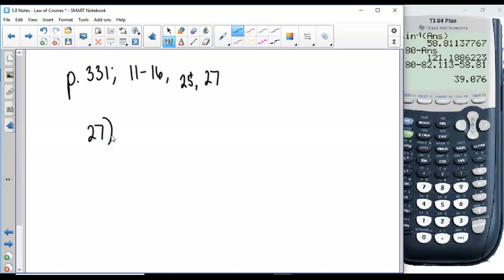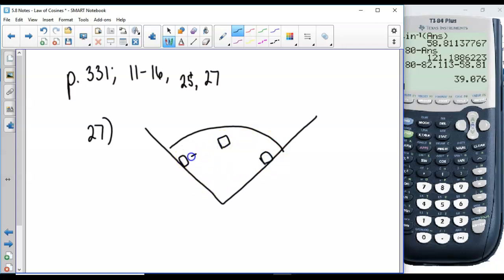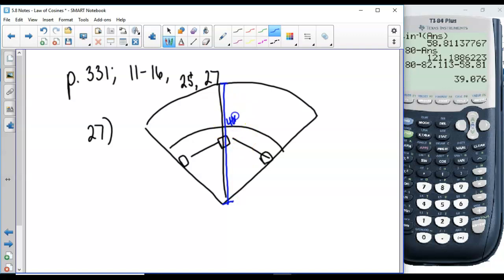Let me give you a little hint on 27. That picture is a little bit misleading because it gives you the view of the field at an angle. If we're looking at a baseball field from above, and all the way out to the center field fence, this length right here is 400 feet.